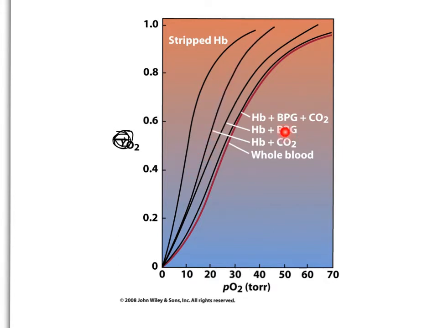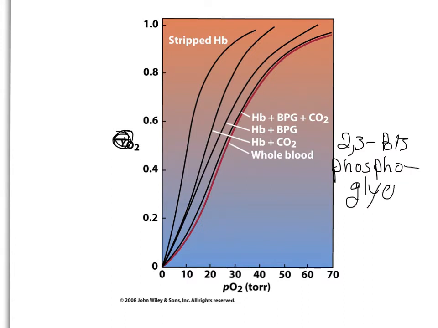And then 2,3-bisphosphoglycerate. 2,3-bisphosphoglycerate is a small 3-carbon phosphate-containing molecule that is a chemical cousin to one of the glycolytic molecules in the pathway.